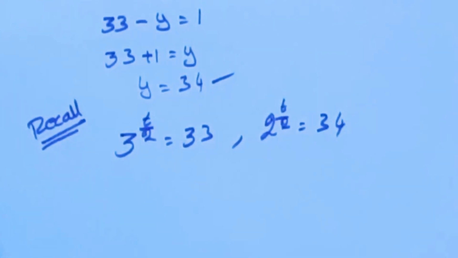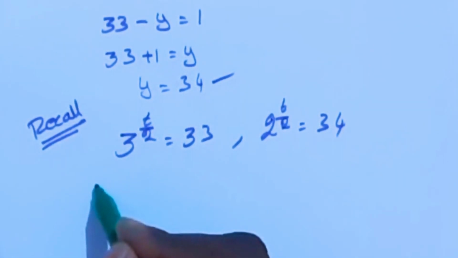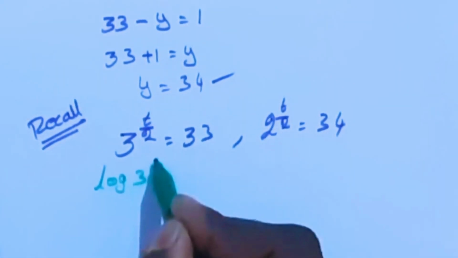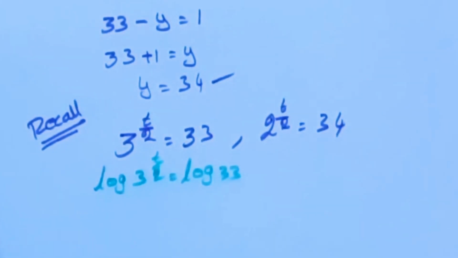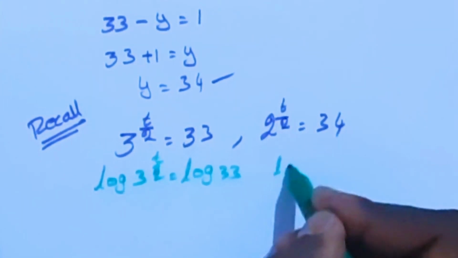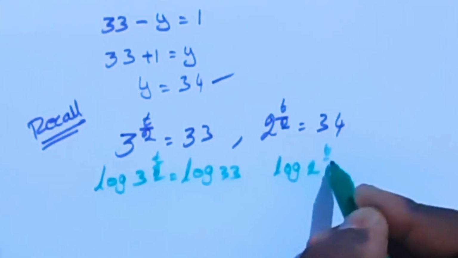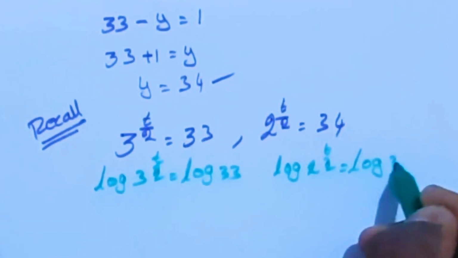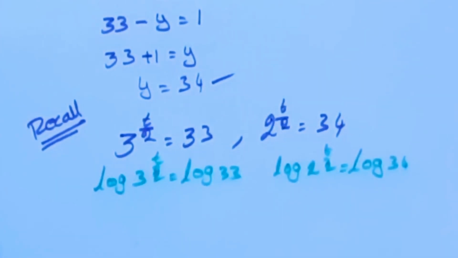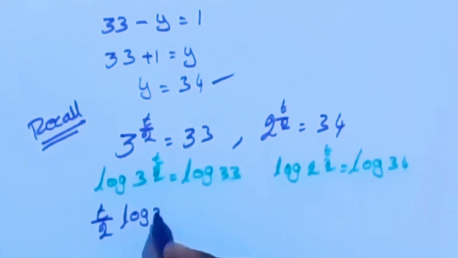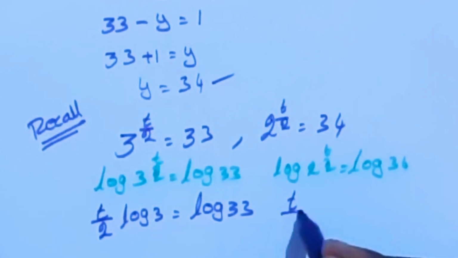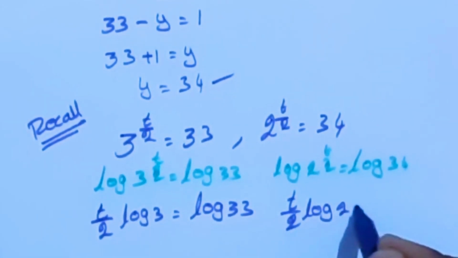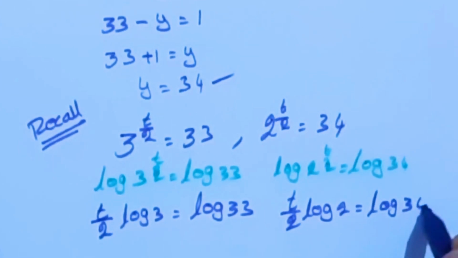Now we are going to apply the log formula, that is log 3 power t by 2 equal to log 33. Same way here log 2 power t by 2 equal to log 34. Now as per the log power formula, t by 2 log 3 equal to log 33. Here t by 2 log 2 equal to log 34.